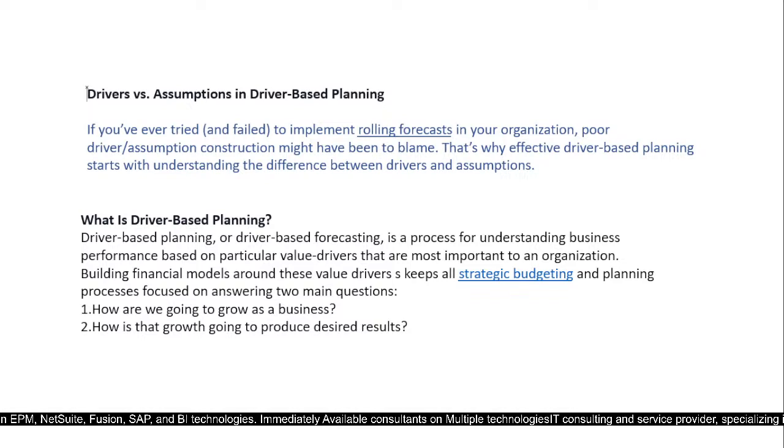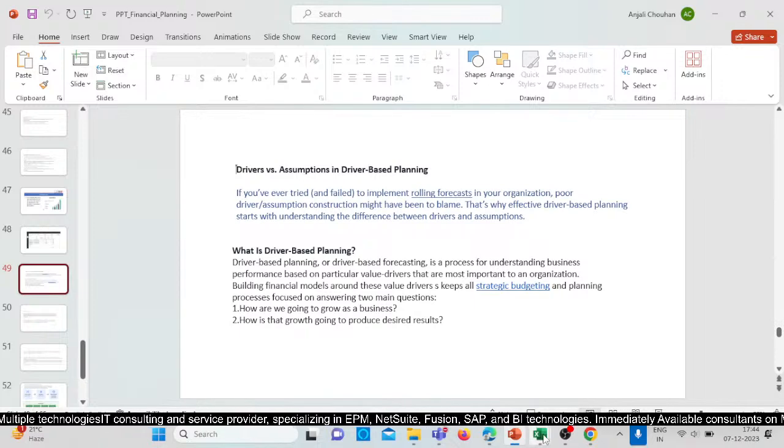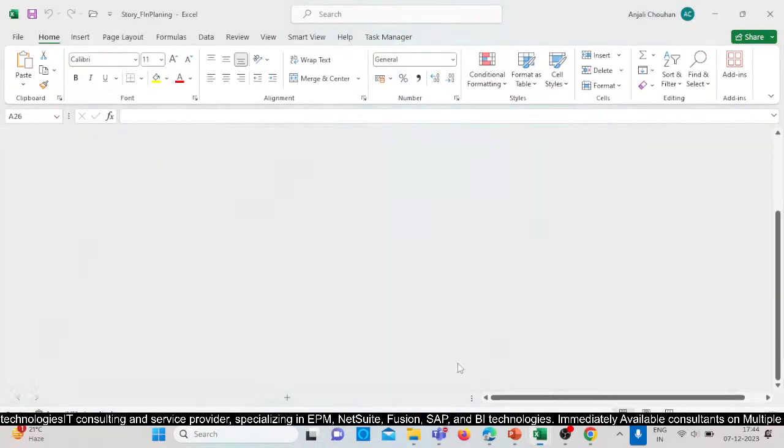Driver based planning is a framework used to plan business performance based on a hierarchy of company specific value drivers derived from strategic objectives. It replaces the traditional bottom up planning approach and enables companies to plan and analyze performance in a smarter way.